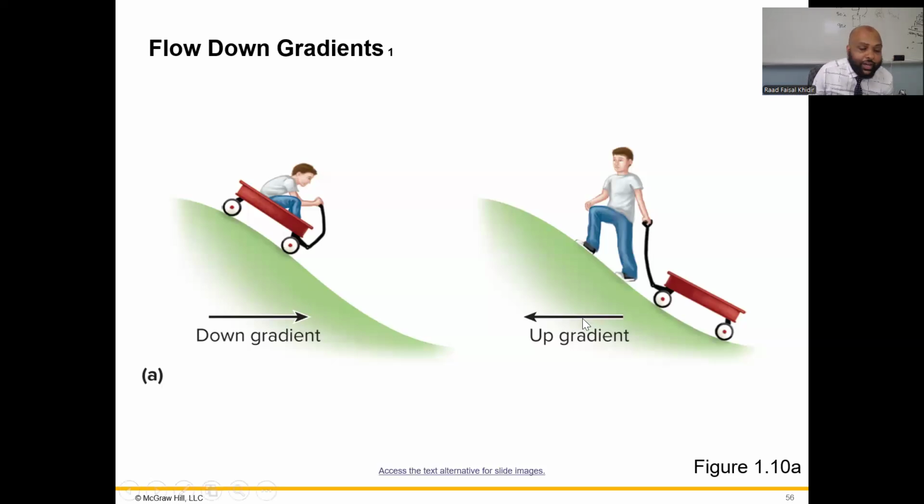We're going to learn next week that there is the sodium potassium ATPase. It's called an ATPase because it uses ATP, because it's working uphill. When sodium moves down its concentration gradient, it doesn't need a carrier. It just flows downhill, like in that first picture.